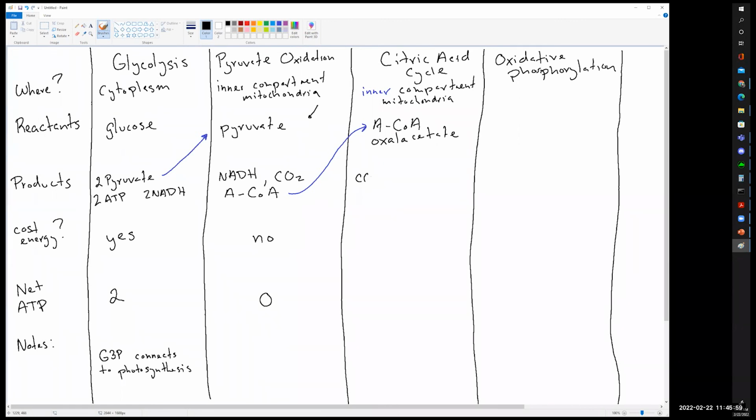All right, we're going to make some CO2. We're going to make some NADH. We're going to make a little ATP. So citrate is an intermediate. We are going to make that. But I want the end products.